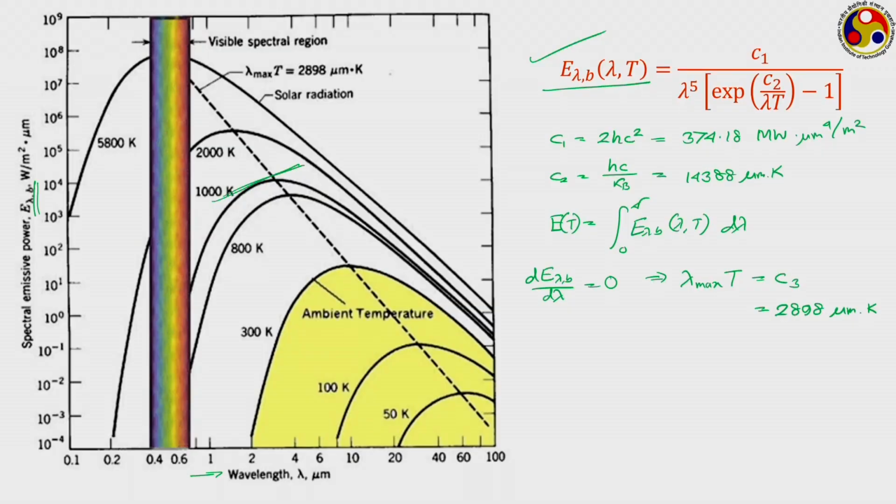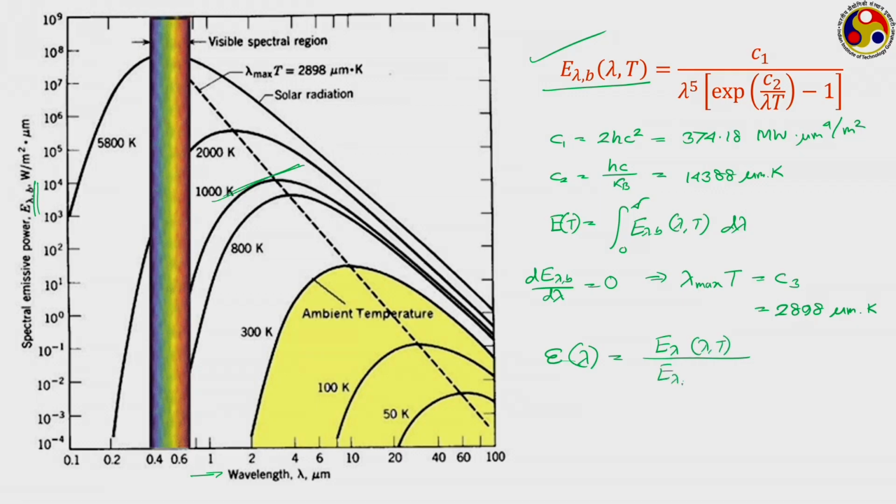But the relations that I have written here are valid for black bodies. In the practical case, when you are talking about a real surface, you have to define something known as the emissivity.